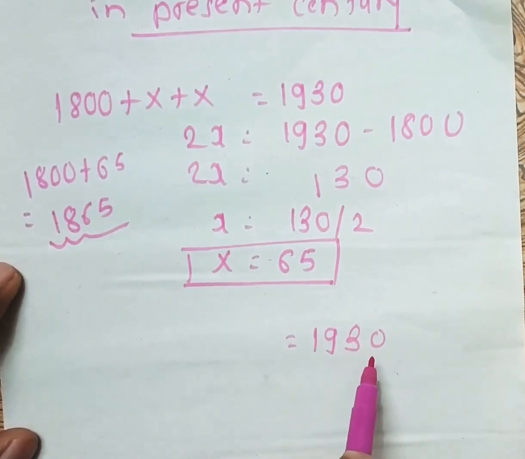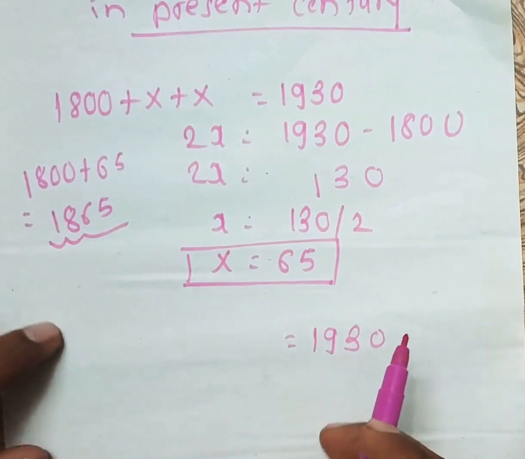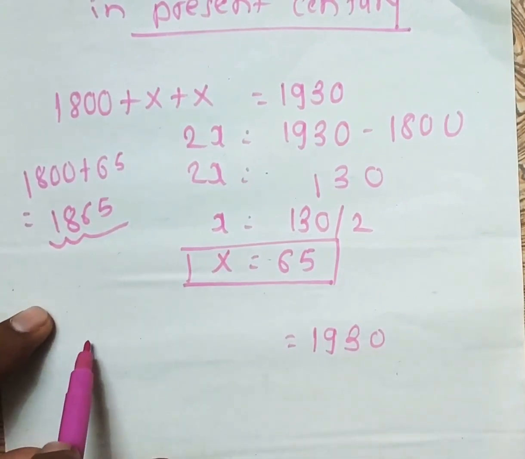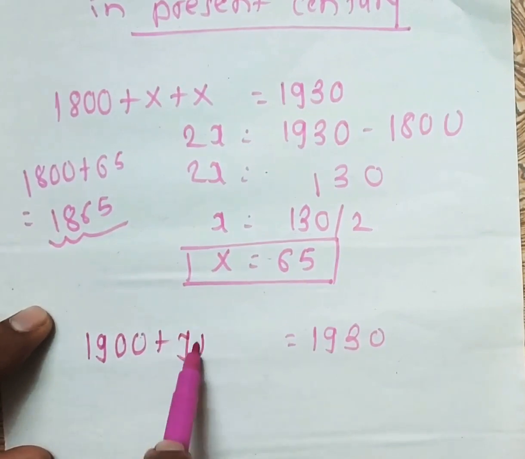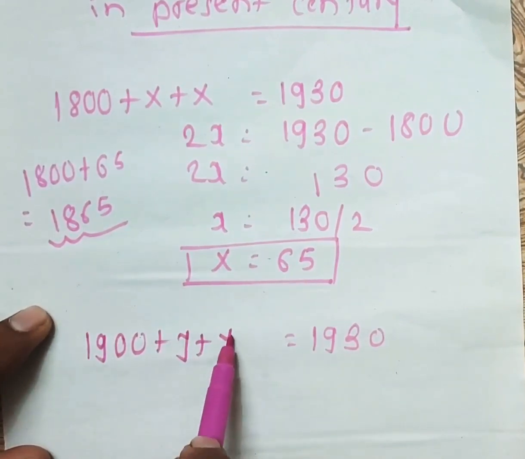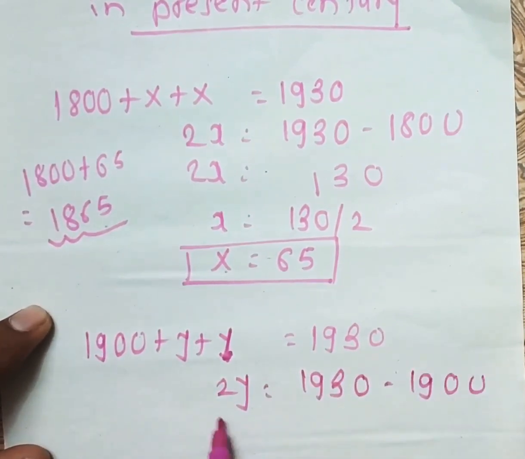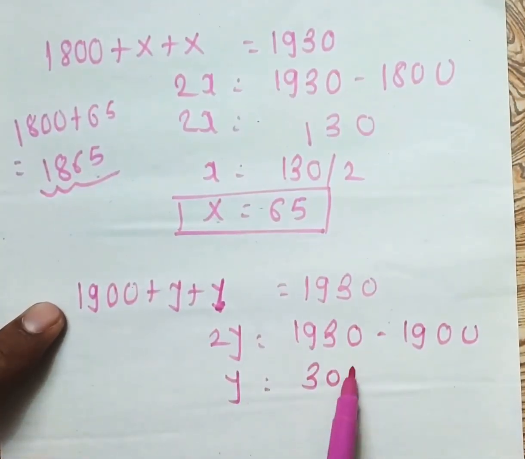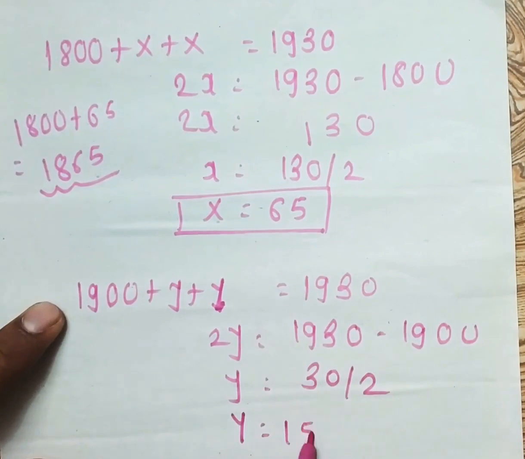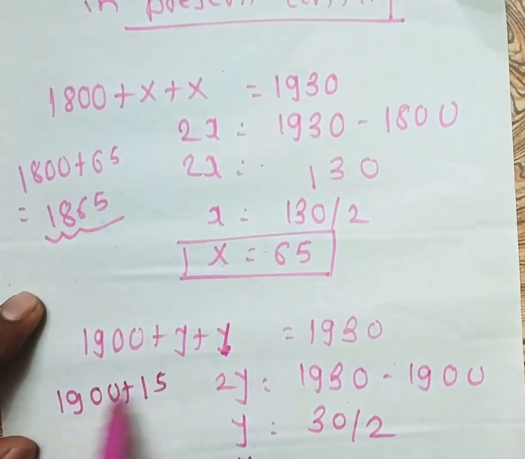In 1930, the grandson's age will be equal to the last 2 digits of his year of birth. So if I take the present century, 1900 plus y, 2y is equal to 1930 minus 1900. So I get y is equal to 30 upon 2, so y is equal to 15, means 1900 plus 15.